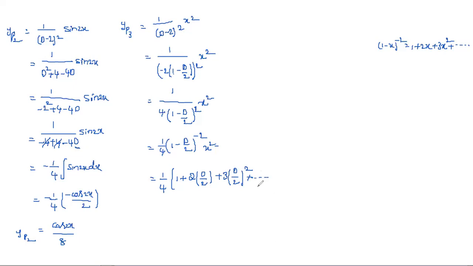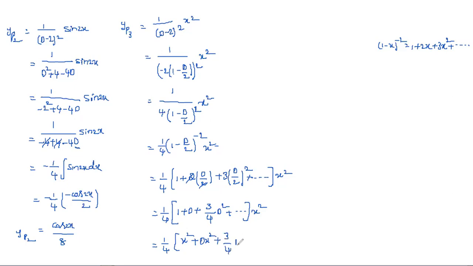So this is equal to 1 by 4 into, here it is x square, and then 1 plus, here the 2s both will cancel, D, plus 3 by 4 D square, and so on, into x square. Now 1 by 4 into, you can multiply x square into each term. So x square plus D x square plus 3 by 4 D square x square. And the next terms become 0, so we can leave them.